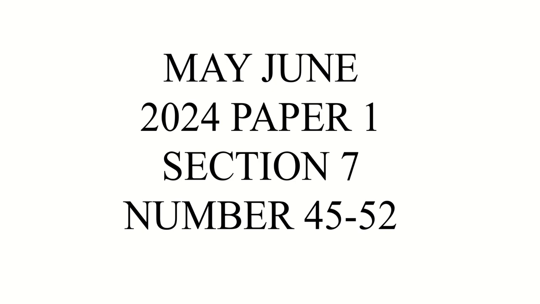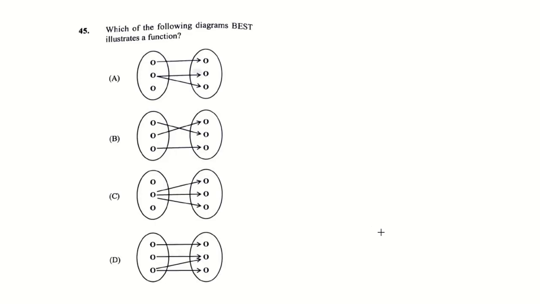Now we're going to go to May, June 2024. Section 7, number 45 to 52 is statistics. So, which of the following best describes a function? What we have to understand is there are two types of functions: there's the one-to-one, and then there is many-to-one.